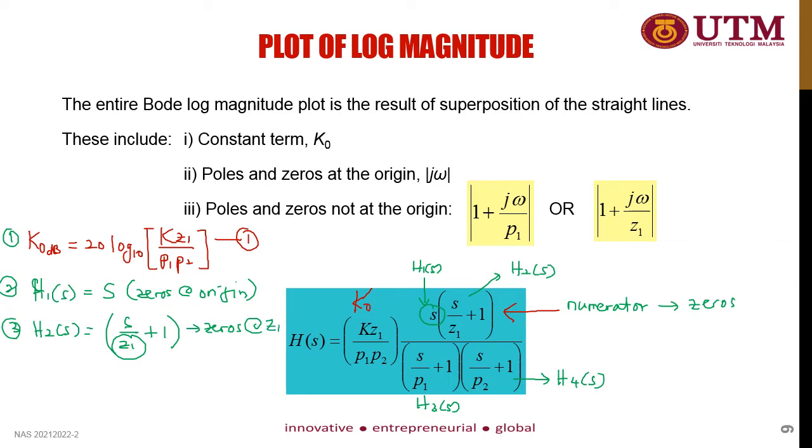Move on to the fourth component. It is h3s, and since it is denominator, the equation is at the bottom. The transfer function for this component equals 1 divided by s divided by p1 plus 1.